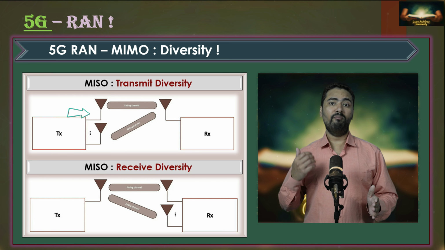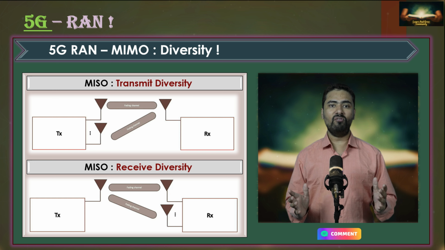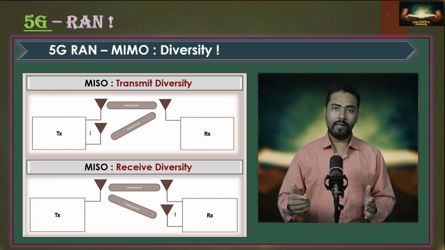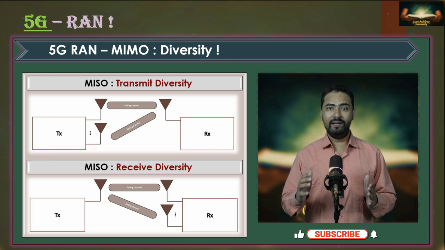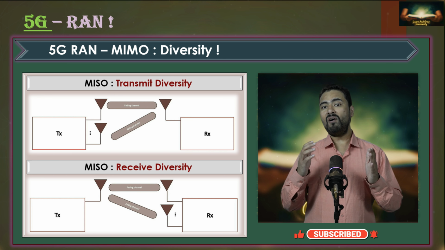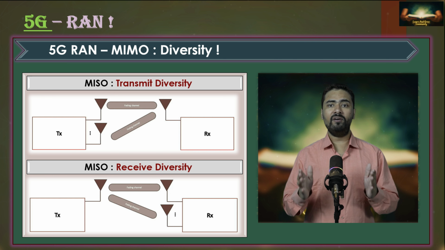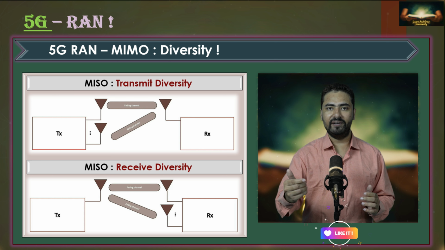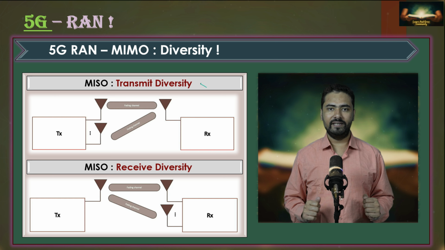Now, if you have multiple transmit antennas and a single receive antenna, then this configuration is known as a multiple input, single output or MISO system. And in this setup, if the antennas are placed at least half a wavelength apart, then each transmit antenna creates an independent fading channel to the receive antenna. This phenomenon is known as transmit diversity.